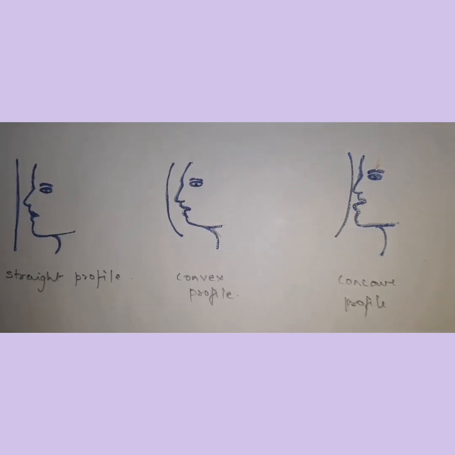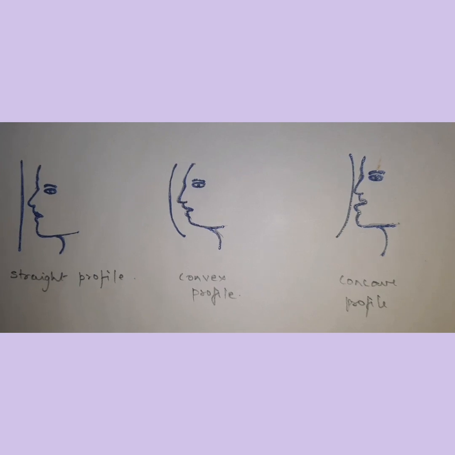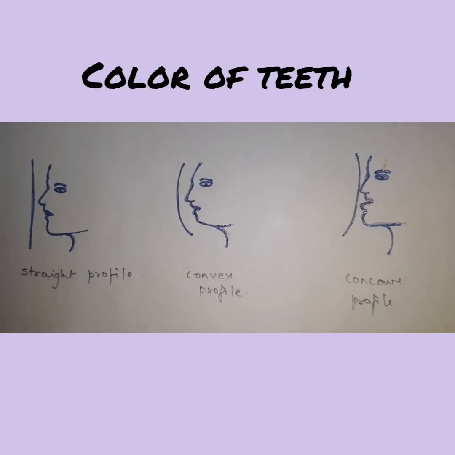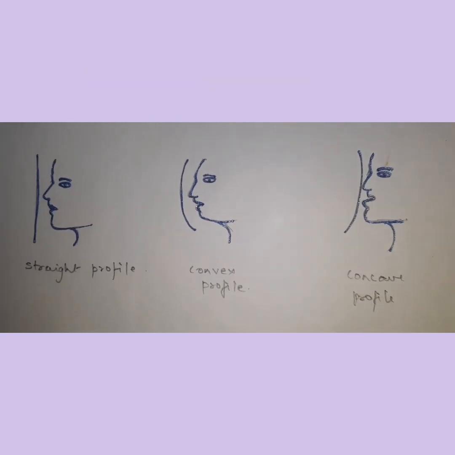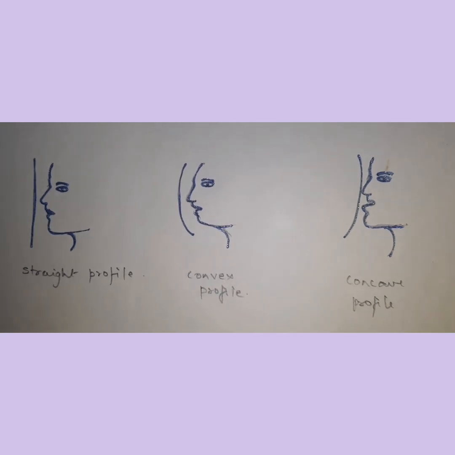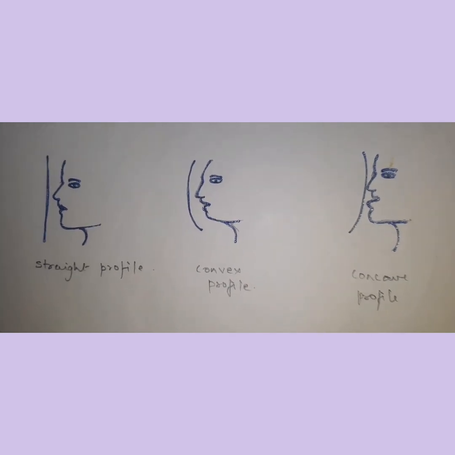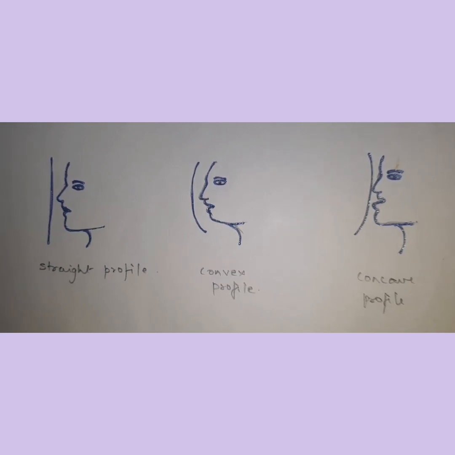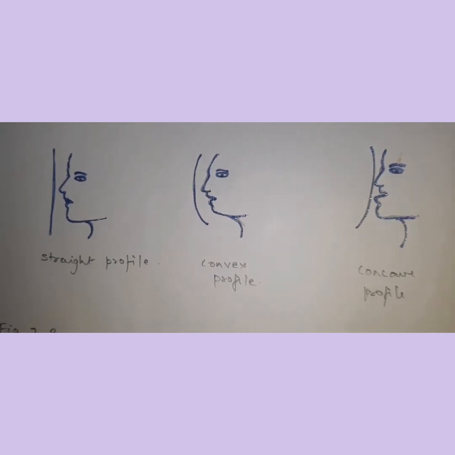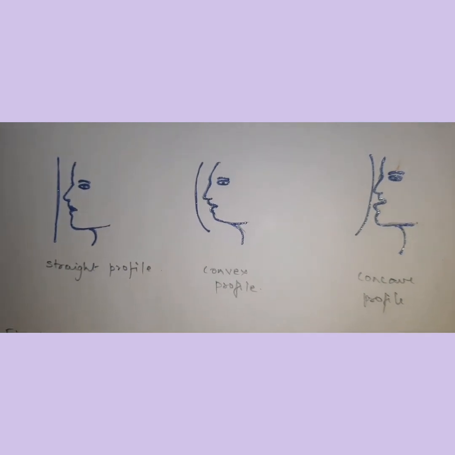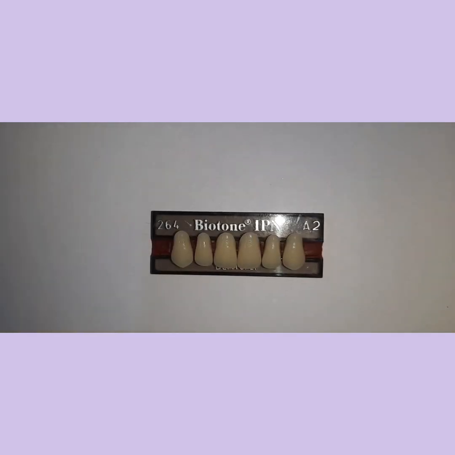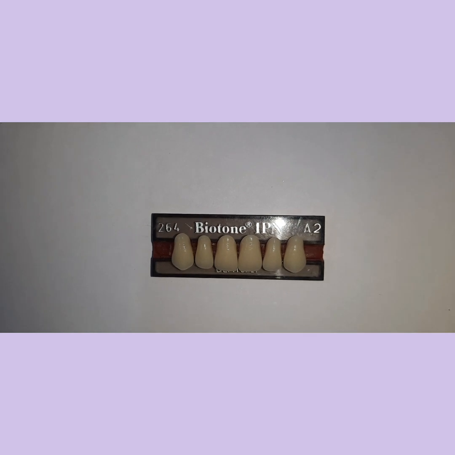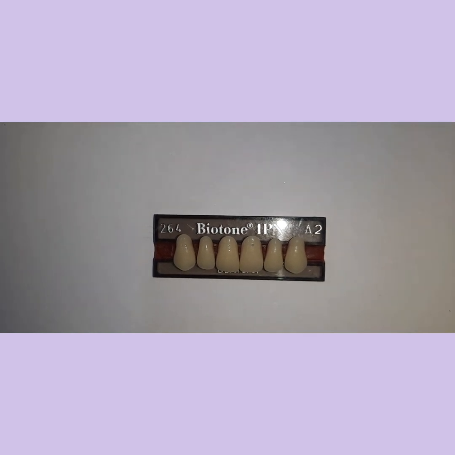Next is the color of the teeth. The color of the teeth we take with the anterior teeth. Having all these criteria, we need to know that color has 4 qualities: hue, chroma, value and transparency. Hue is the basic color of the spectrum. Chroma is basically saturation.